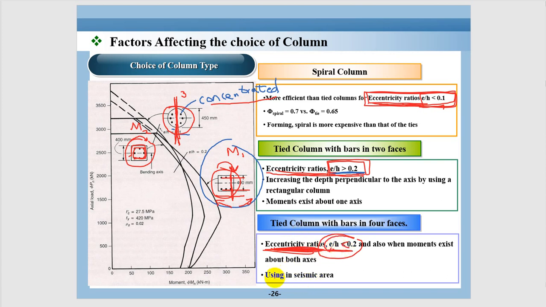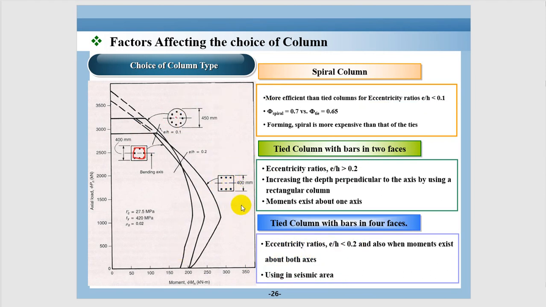Okay, so for seismic areas, you need a big eccentricity ratio for columns. Here, for seismic design, you may need rebars on four faces to be able to resist the moment about both axes, X and Y. So you must use this for seismic actions, but with two faces it's not very useful.